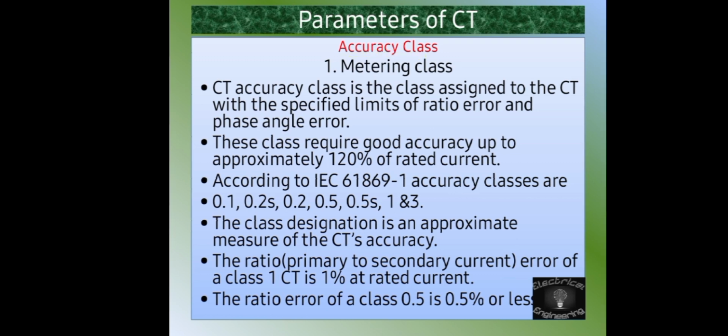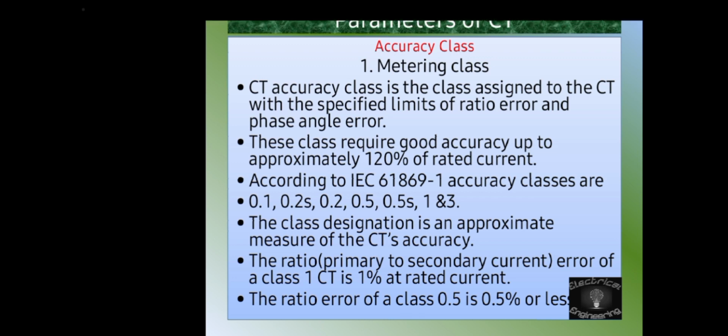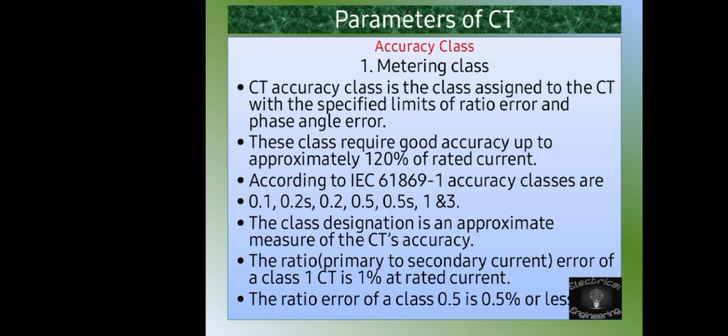We have two sections: one is the metering class and the other is the protection class. Here it requires good accuracy up to approximately 120% of the rated current. Metering class requires a high accuracy class in order to keep the ratio error and the phase angle within the specified limit.